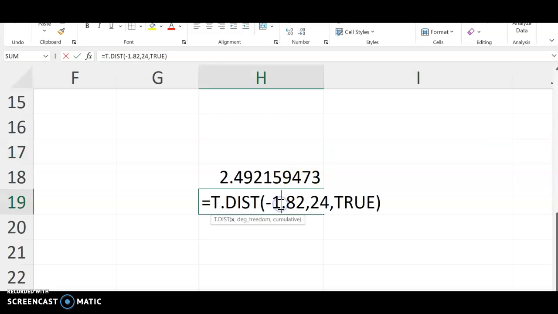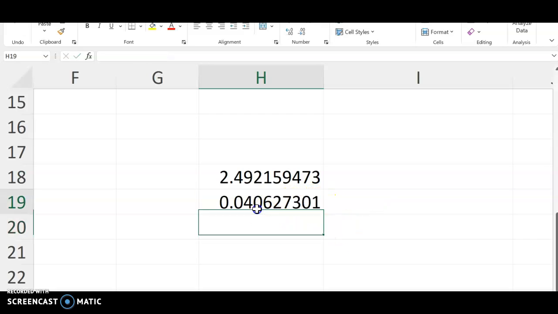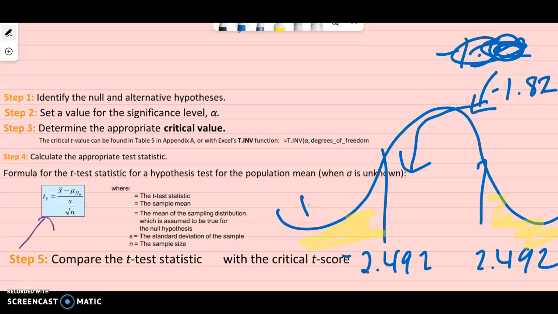Alright, so what I'm going to do is just do the t distribution and get one tail. So that's just one side. So this p-value over here is 0.041. So all of that area is 0.041 and all of this area is 0.041.